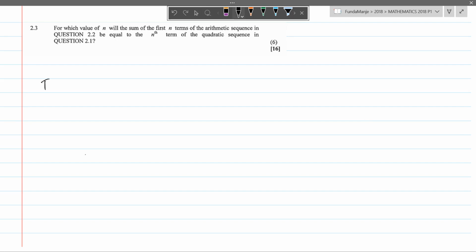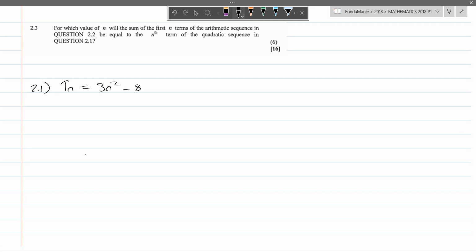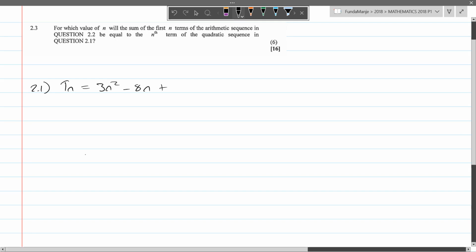So just to recap, in 2.1 we had a quadratic expression that had a general term of Tn is equal to 3n squared minus 8n plus 7.